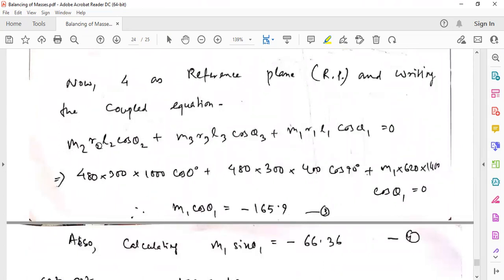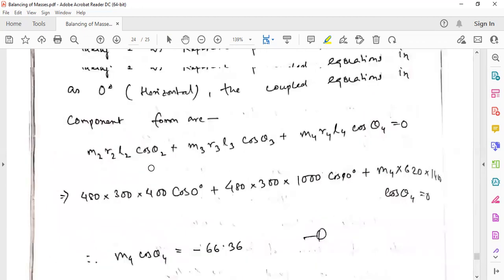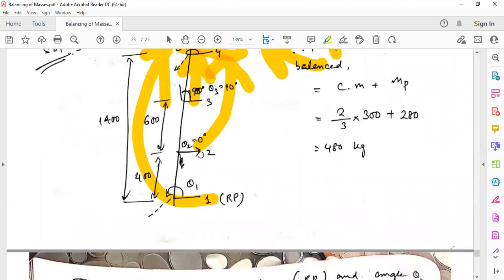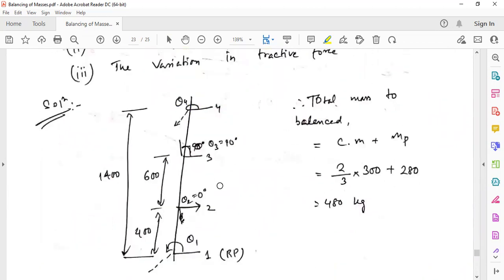Just by multiplying m2 r2 l2 cos theta 2. Now the thing is, what will be l2 now? You see, for this one, the distance between 2 and 4. Okay, this is the distance. What is the distance? 1400 minus 600 plus 400.